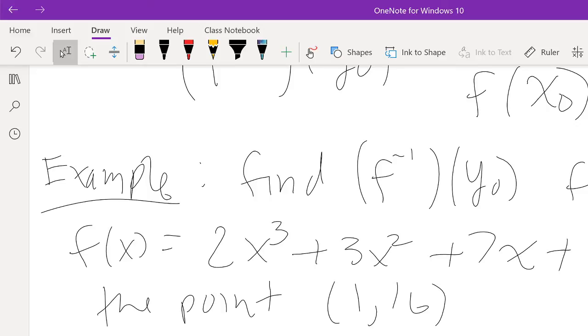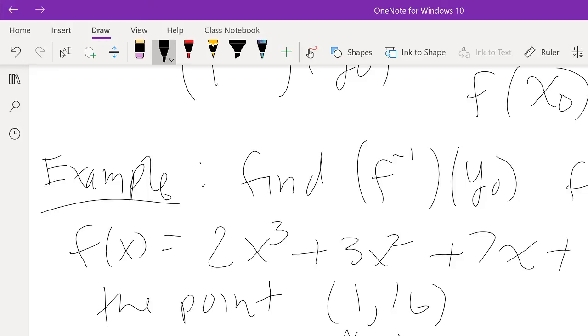Now, one way we can do this is we can find the inverse and then plug in the value of 16. That would be my y naught. This is x naught, y naught. But that is a bit of an involved problem.